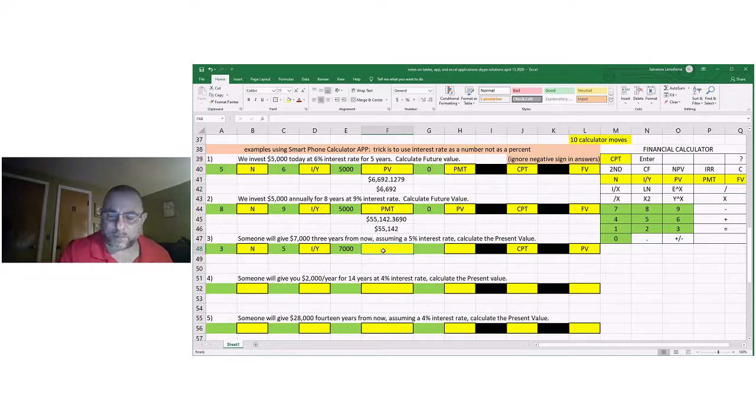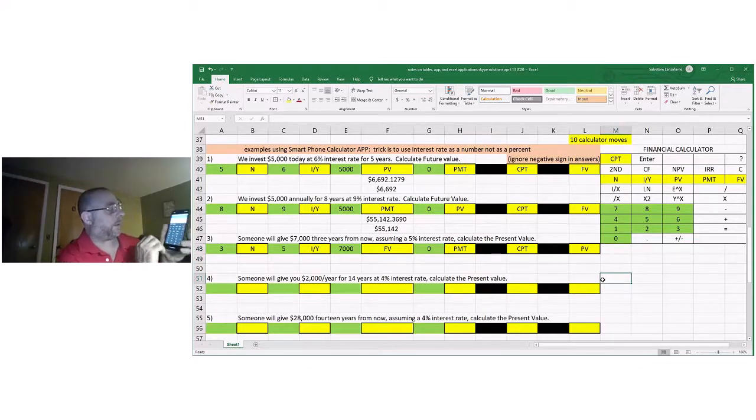So that is our future value figure. And since this is not a repeating event, our payment is 0. Let's see how it goes.